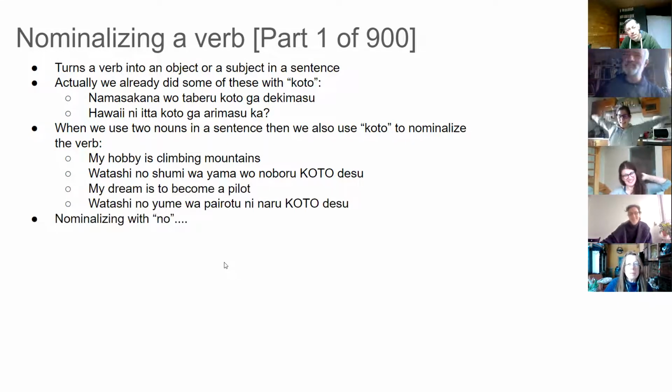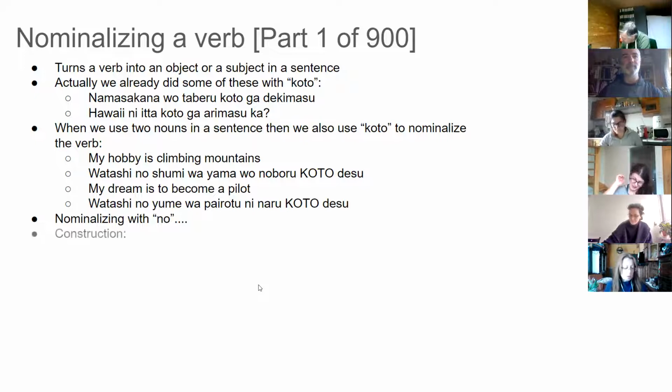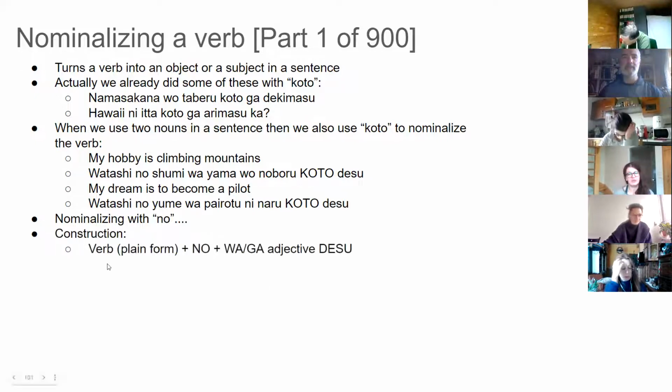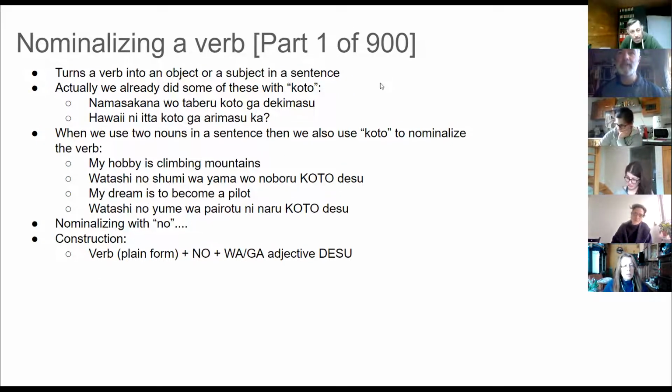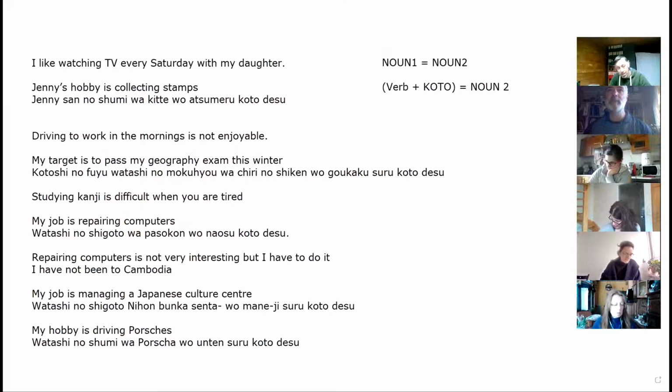Okay, right. Let's move on to no. When do we nominalize using no instead of koto? So the construction of this, we'll come on to the reason for it in a second. No, actually, we'll come on to this now. The next note is this then, which we'll make as a main note just here.